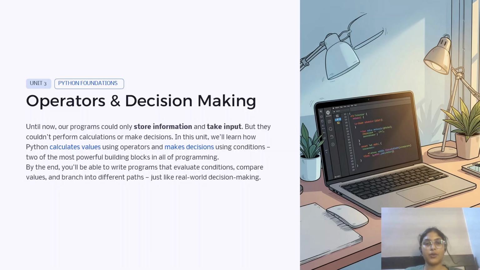If you don't create a base, you cannot make a floor and keep going, because if the foundation is weak, the whole building will eventually collapse. Similarly, if your concepts of variables and data types are not very clear, operators will become very confusing later. So please first clear those topics.